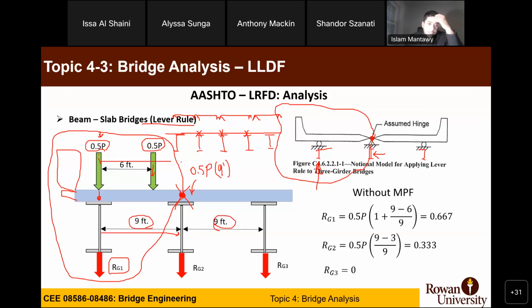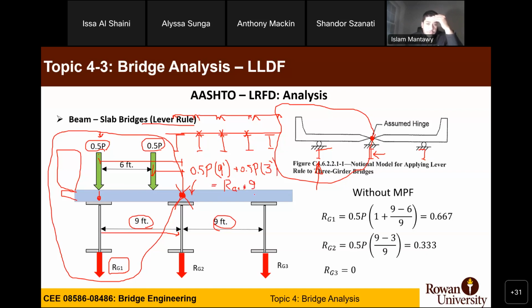Okay, plus another 0.5 P times 3 feet, which is 9 minus 6, which is this distance, correct? 3 feet. And this should be equal to what? It would be the reaction on the exterior girder, RG1, times 9 feet as well, since that's also 9 feet from the interior girder. Yes, so this is 9 feet.